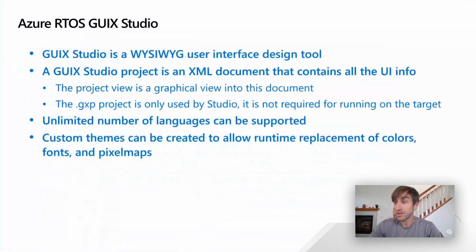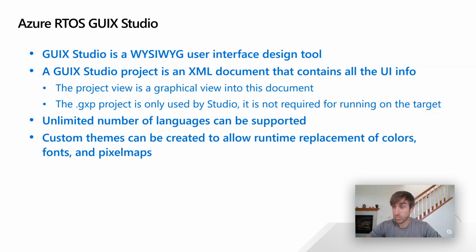So you basically design it, hit a button to generate output files, and then GUIX Studio generates all of the code that your application needs to run on the target. So it's super convenient, super easy to use. You don't have to be building all sorts of little buttons and stuff, programming that into your embedded device. You can do it all on the desktop.